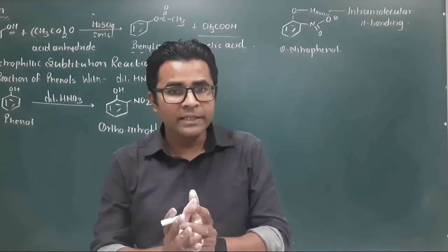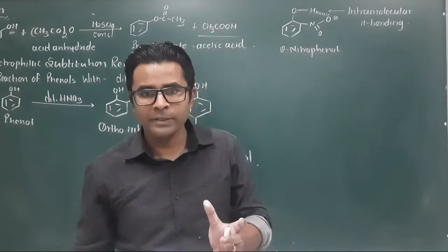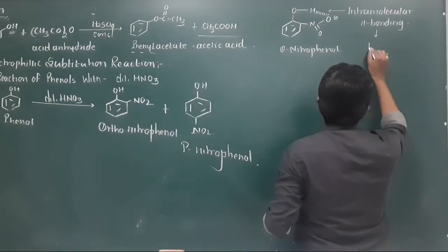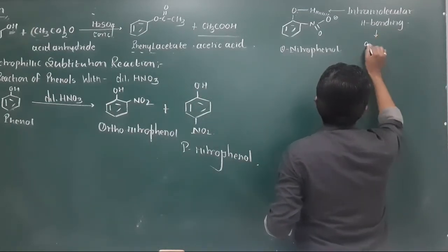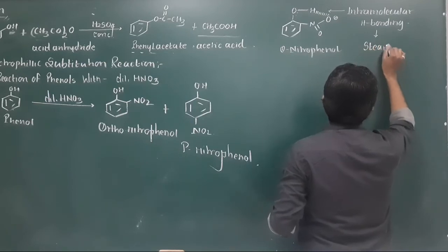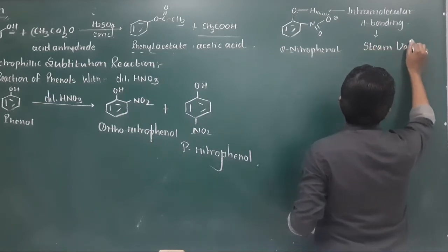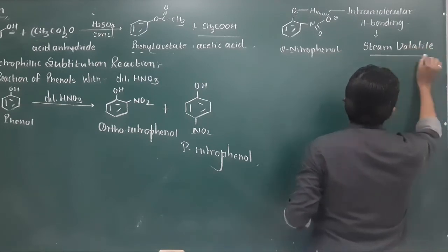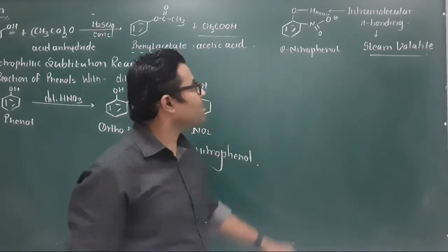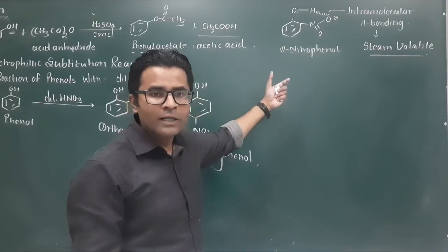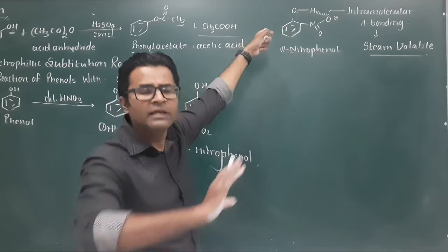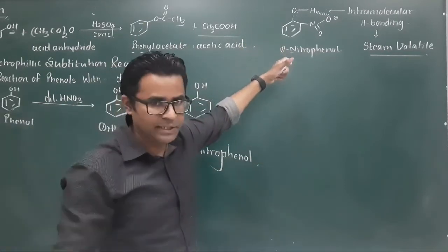Now, whenever there are compounds with intramolecular hydrogen bonding, they are usually having less boiling point. Thus, orthonitrophenol is usually steam volatile. That means you can simply pass the steam to this orthonitrophenol, and from that particular product orthonitrophenol gets evaporated. We can condense it and we can separate it.